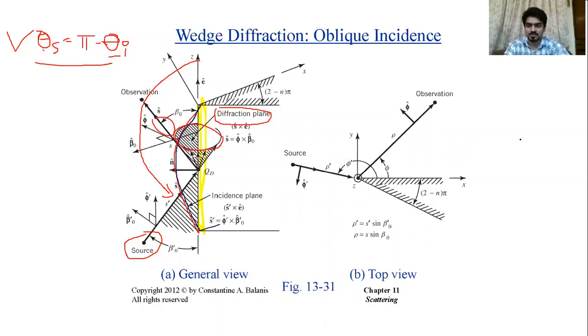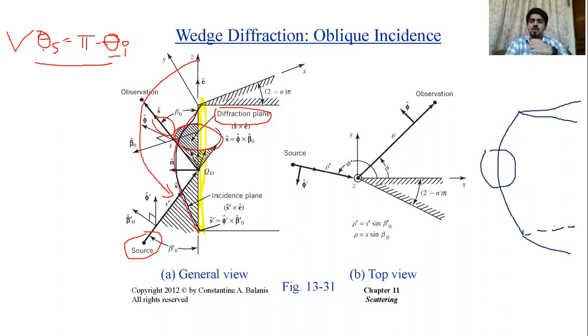Instead of that straight edge, you can have something like this, and then from there something like this and this. Same thing here, and this is a dotted line. So this is now a curved edge. For that type of curved edge, you would have to incorporate a spreading factor.